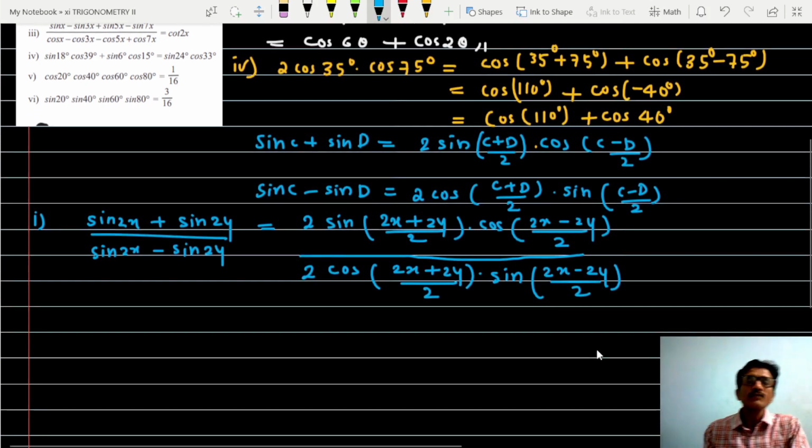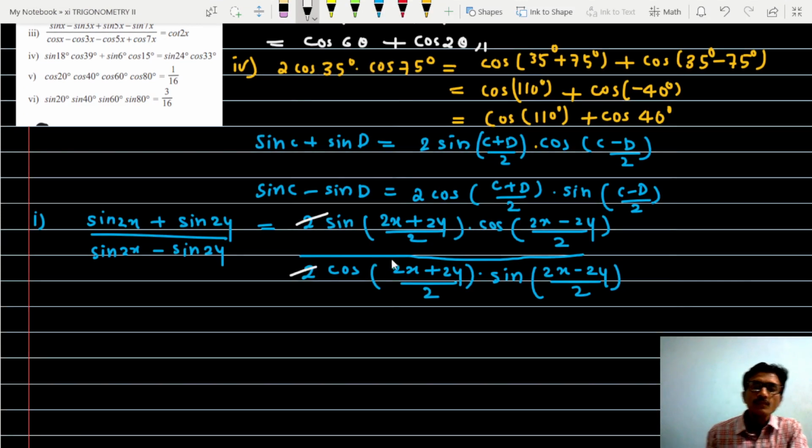So here what we can cancel? We can cancel 2. We will cancel this 2 and these 2x 2y upon 2 terms.